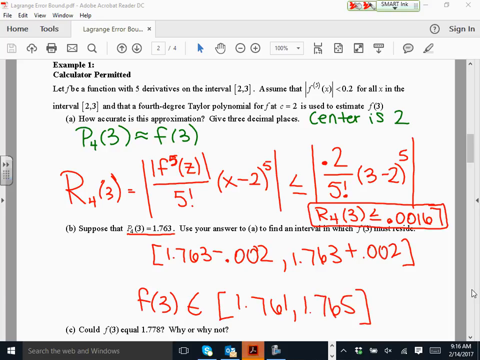Okay, our error isn't that much. So we have a pretty good approximation of where the actual f of 3 will be based on our polynomial. That's pretty cool, right? I know we're talking about a polynomial that we can't see, but I wanted to focus on the error first.